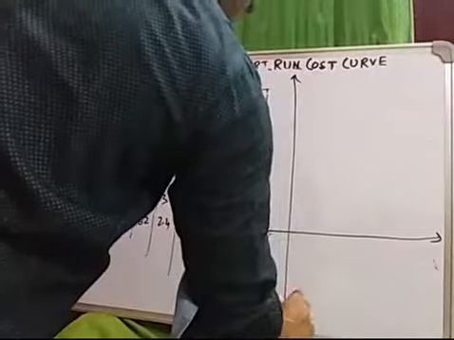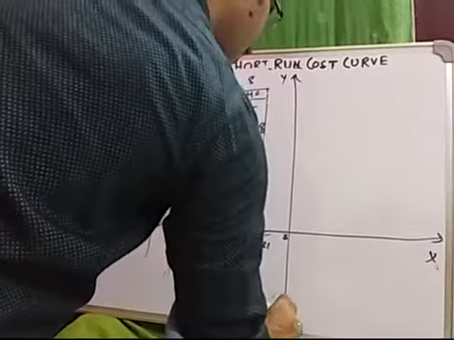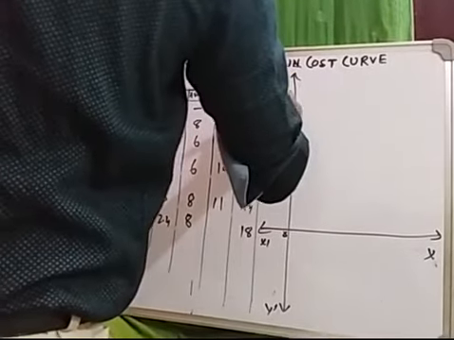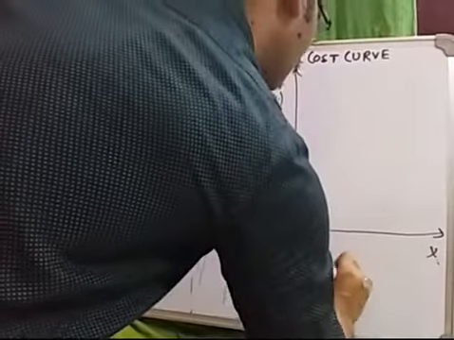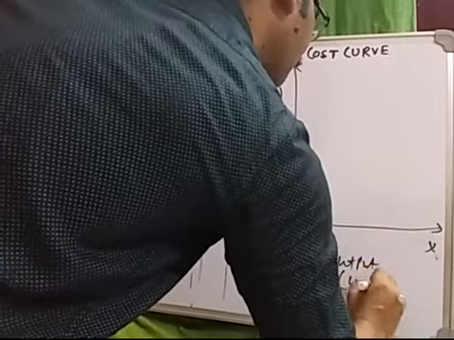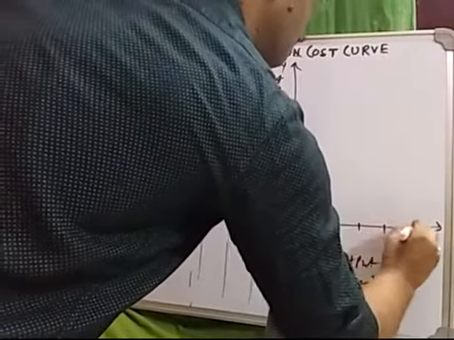Now you see XOX dash, YOY dash. Here is cost in rupees. Here is also the same, output in units. We are producing 5 units.